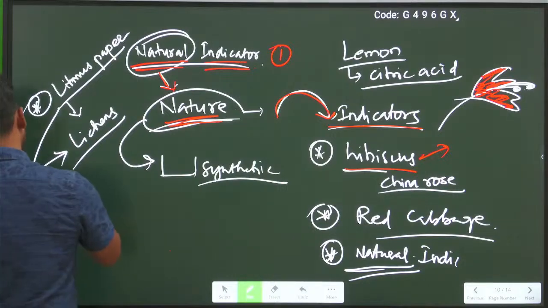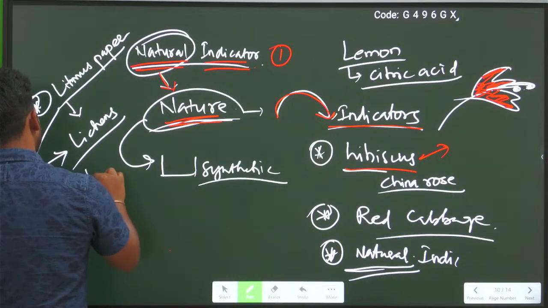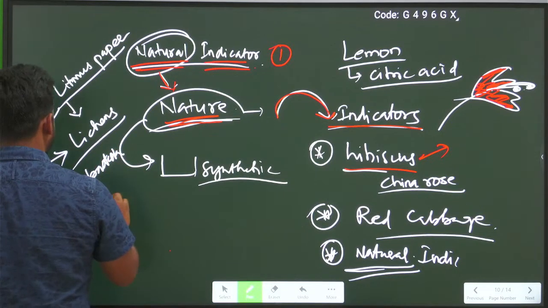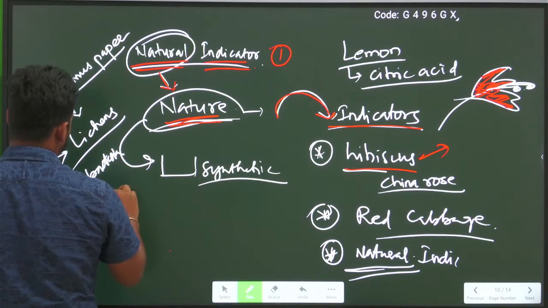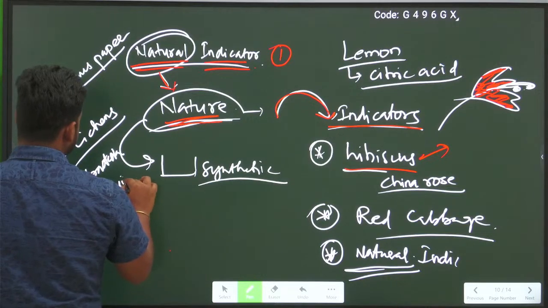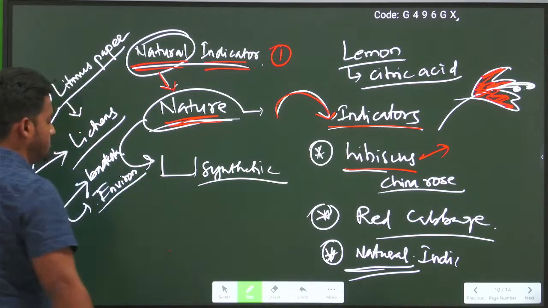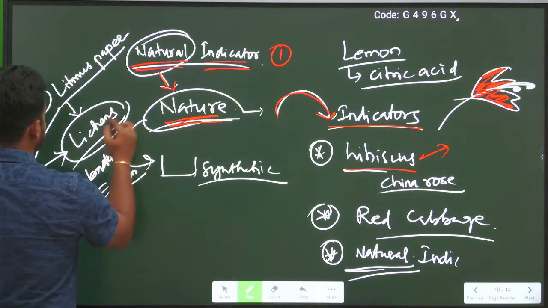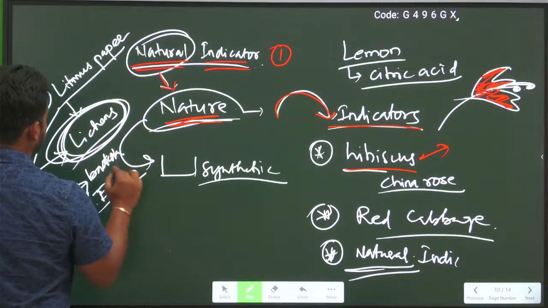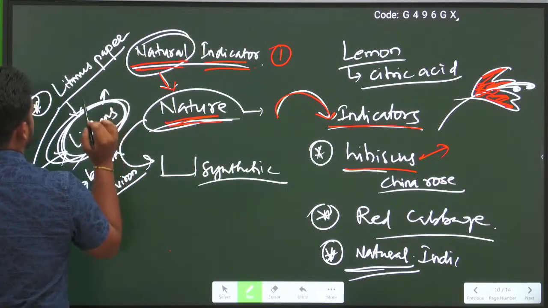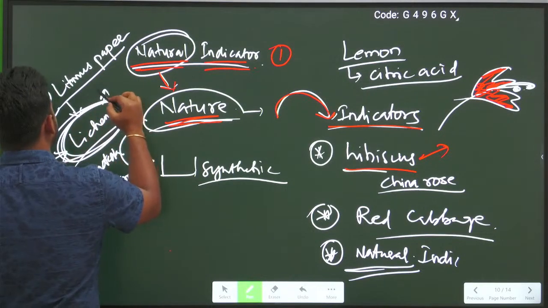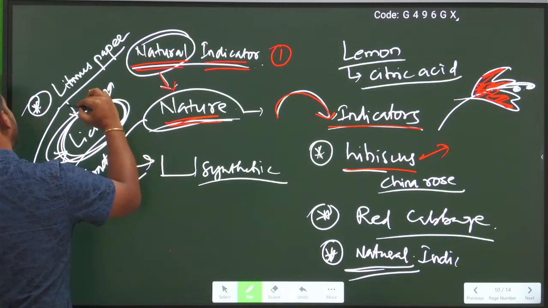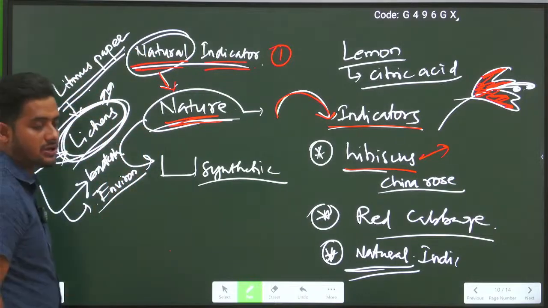What are lichens? They are organisms present in the environment, and these lichens are very useful for chemical properties and chemical reactions. From these lichens we extract litmus paper.